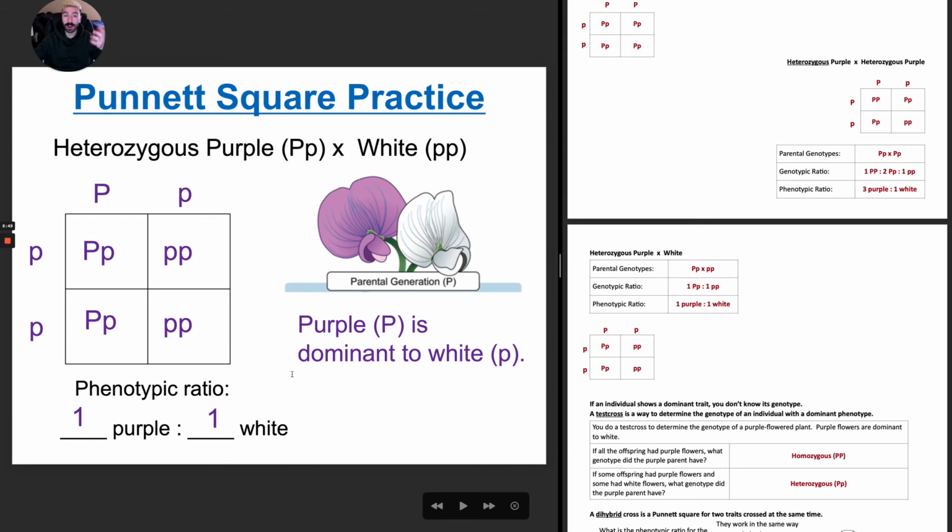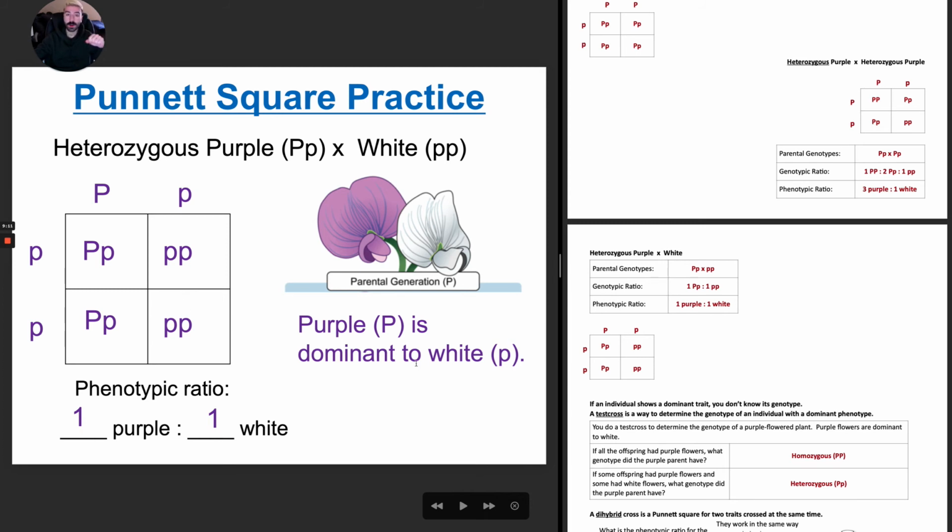Essentially meaning that for every heterozygous offspring you'll have, you should have 1 homozygous recessive offspring, meaning you'll have the same number of each, half and half. The phenotypic ratio is the same, it's 1 to 1. For every 1 purple kid you'd have 1 white offspring.